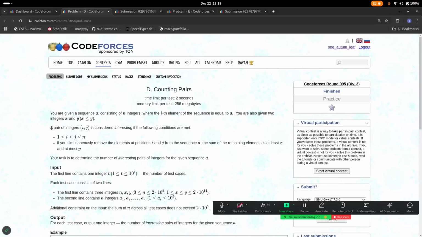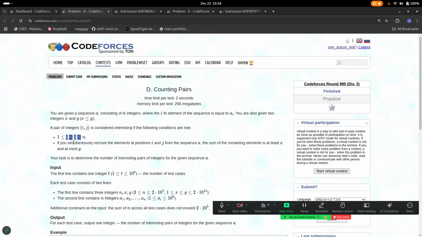And we are also given a definition of an interesting pair. So a pair i, j is considered interesting if i and j are within the range 1 to n, that is, they are basically indices of our array A, and i is strictly less than j.